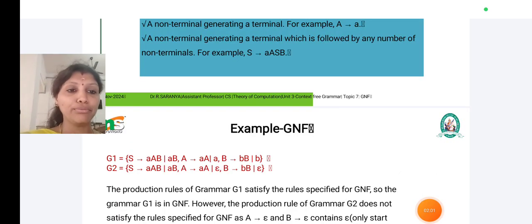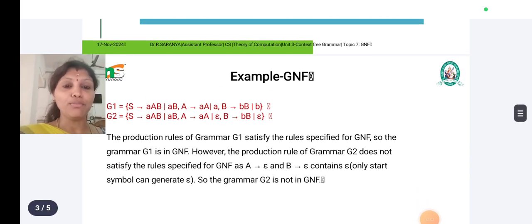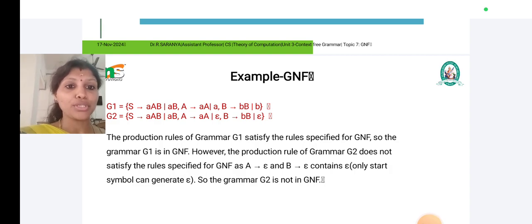For the example of Greibach normal form, we consider grammar 1 and 2 as G1 and G2. The production rules of grammar G1 satisfy the rules specified for GNF, so G1 is in GNF. However, the production rules of grammar G2 do not satisfy the rules specified for GNF. Based on the condition, we have to check the production rules as well as the given grammar rules.